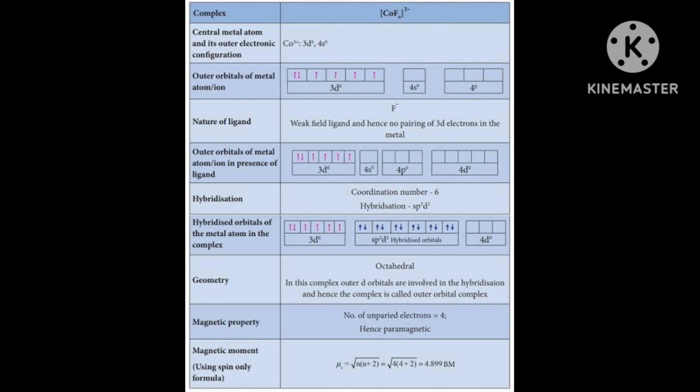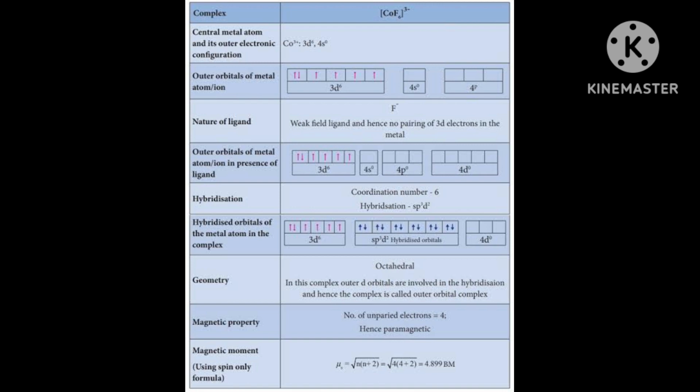Then it will form d2sp3 hybrid orbitals. d2sp3 hybridization: 2 from the d, 1 s, which has only one orbital, and 3 p, hence d2sp3. Now it became 6 hybridized orbitals, and all 6 orbitals are now empty.